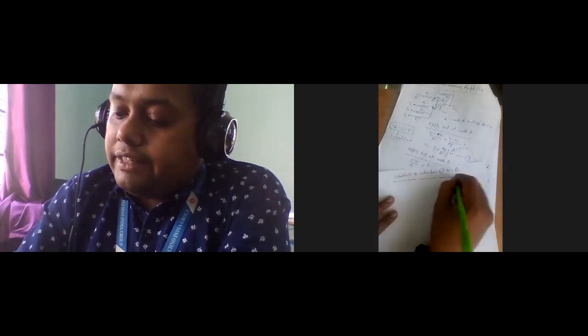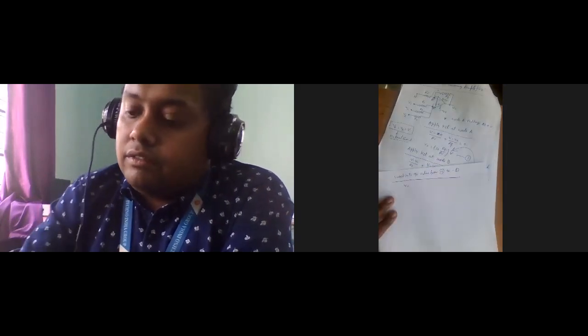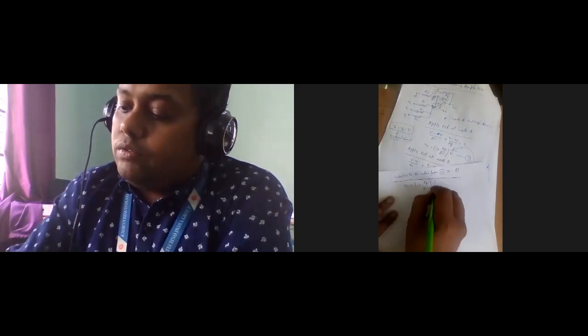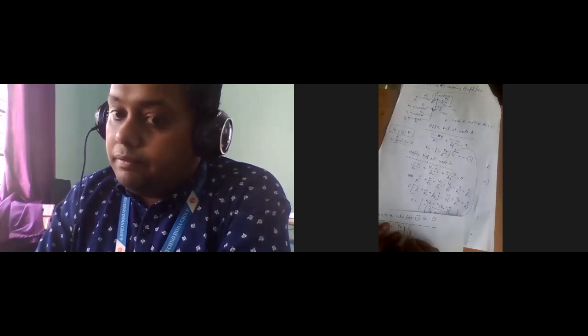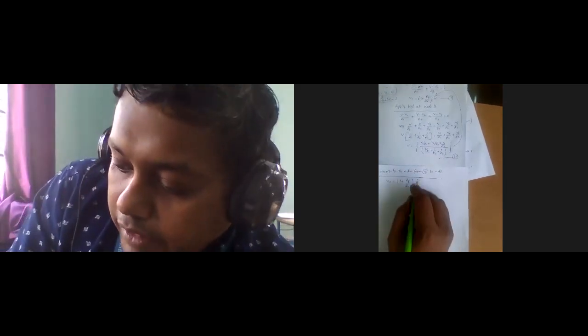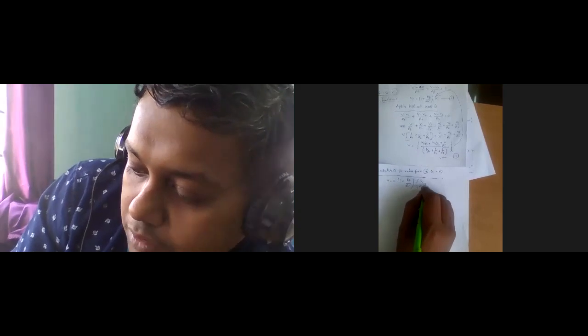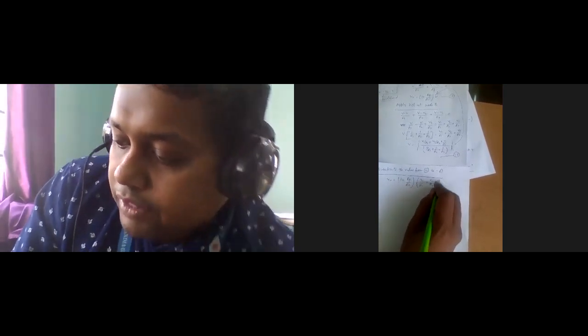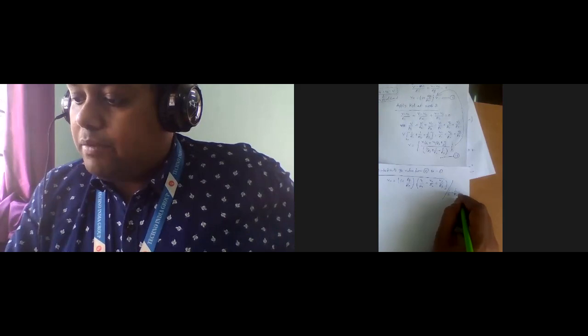Substituting the value from equation 2 into 1, we get V naught equal to (1 plus Rf by Ri) into (V1 by R1 plus V2 by R2 plus V3 by R3) divided by (1 by R1 plus 1 by R2 plus 1 by R3).